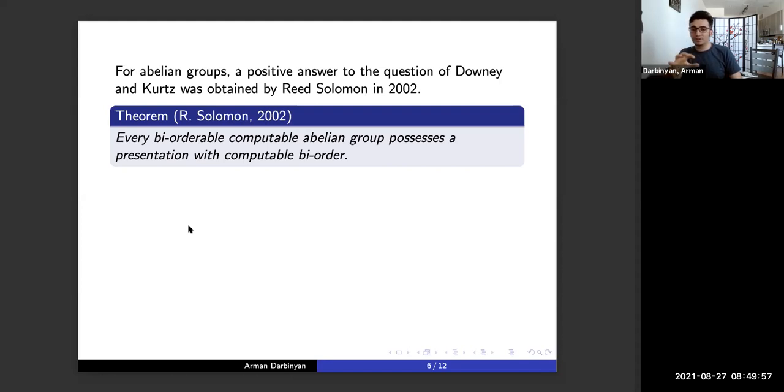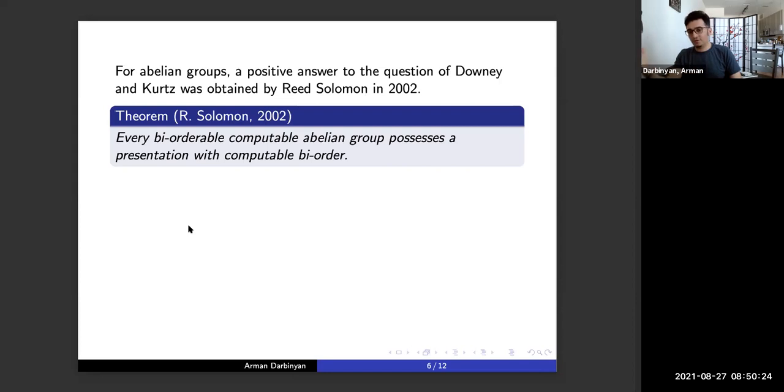So once we are restricted to the class of abelian groups, then the answer to the question of Downey and Kurtz is positive. Now, in the context of finitely generated groups, of course, this result looks trivial because finitely generated abelian groups have a very easy structure, especially from the computability theory perspective.